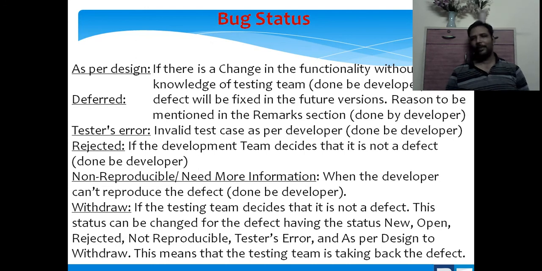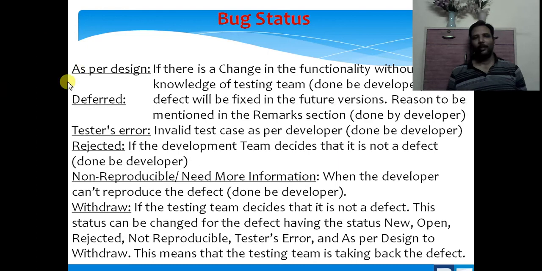That clarification the developer has to give in the remark section. Definitely, there will be a discussion if it is as per the design, because the documents have not been updated. After that the documents will be updated, then the status will be changed to withdraw.